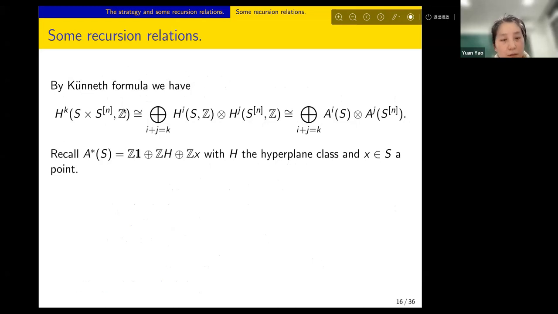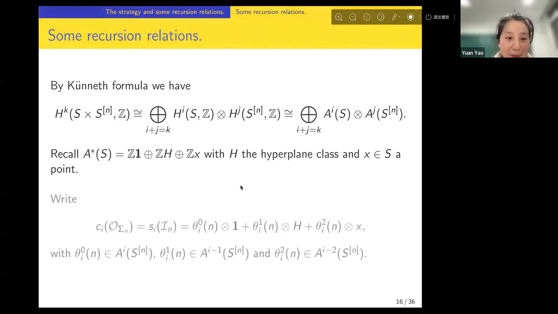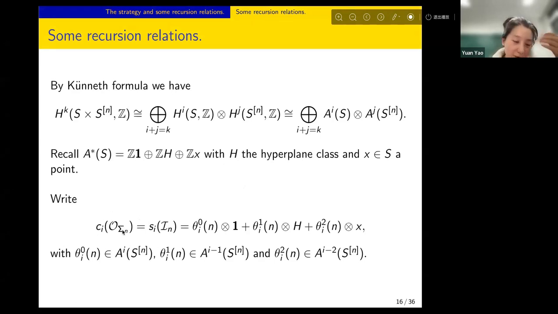So now all we have to do is to compute. The computation is a bit complicated. So at first we have the Künneth formula, standard. Now since S is P2, you have this decomposition, right? And we have all these Chern classes for this universal family. The structure sheaf of the universal family is exactly the Chern class of the ideal sheaf.